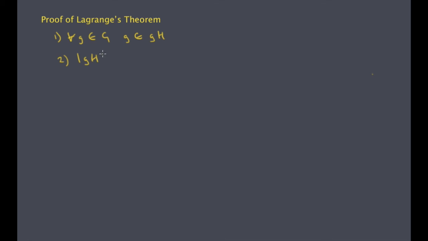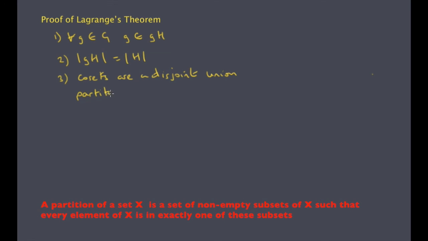The order of the cosets is equal to the order of the subgroup H, and the cosets are a disjoint union. Now, because every element of G is in a coset and the cosets are a disjoint union, which means that every element is only in one coset, this means the cosets form what is called a partition of G.